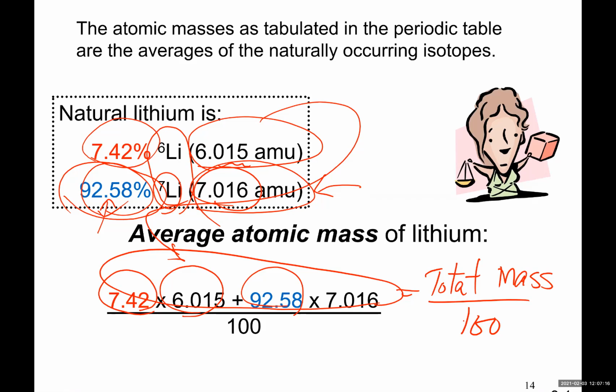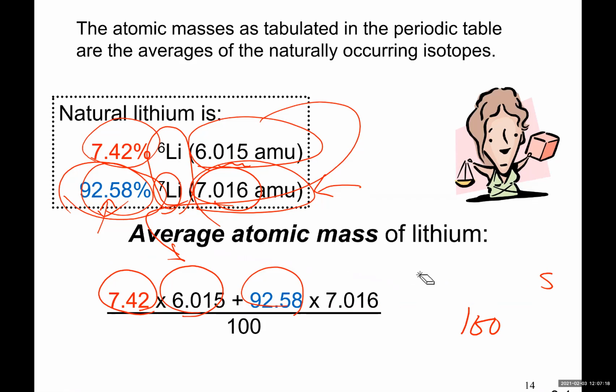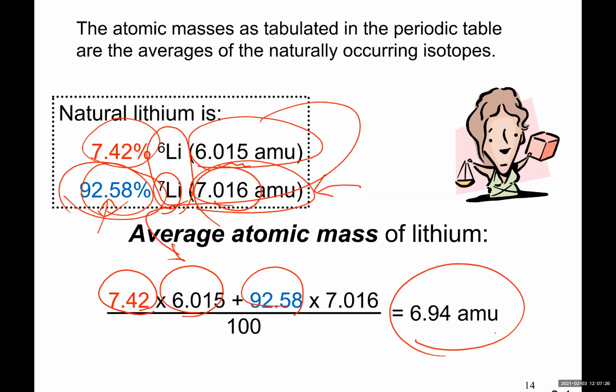So that's how I'm going to calculate atomic mass for lithium. That's where these numbers are coming in the periodic table. 6.94 atomic mass unit. And it is convertible to grams because you know atomic mass unit is certain number of grams.